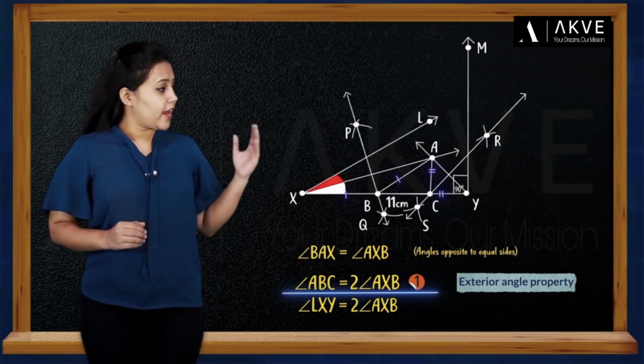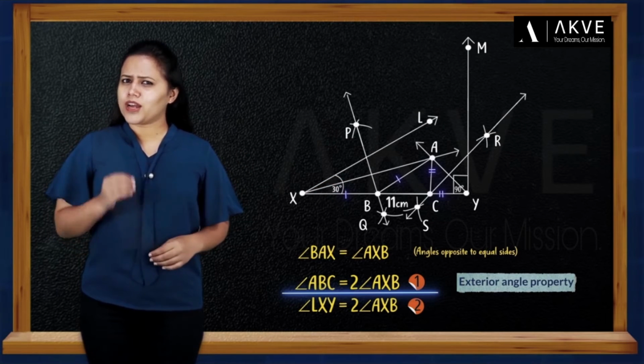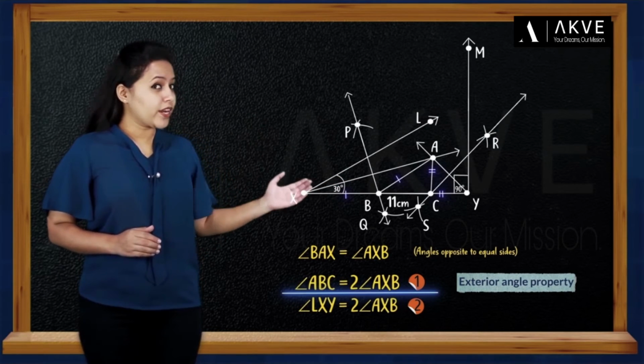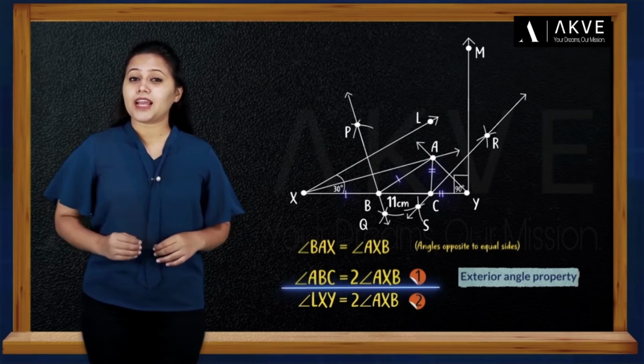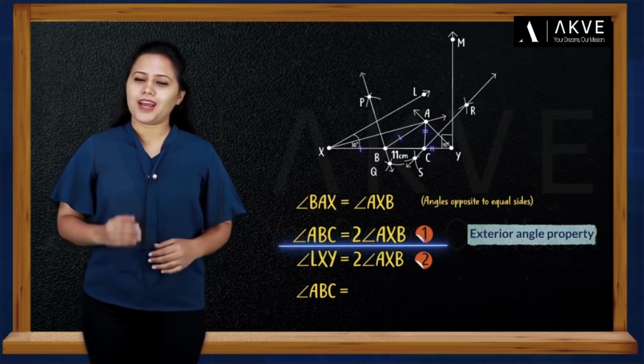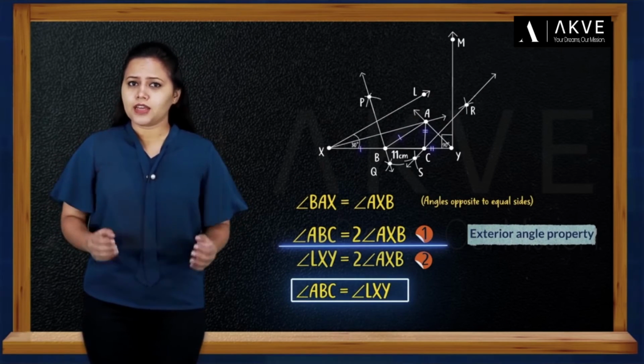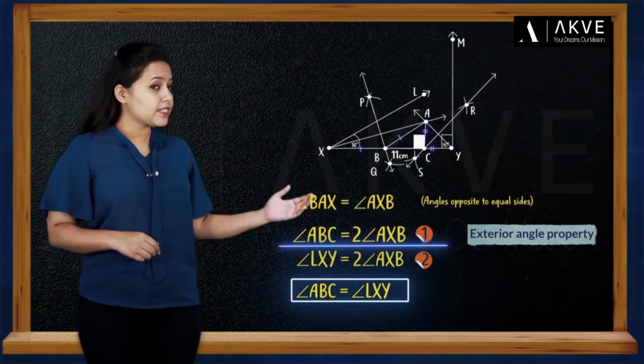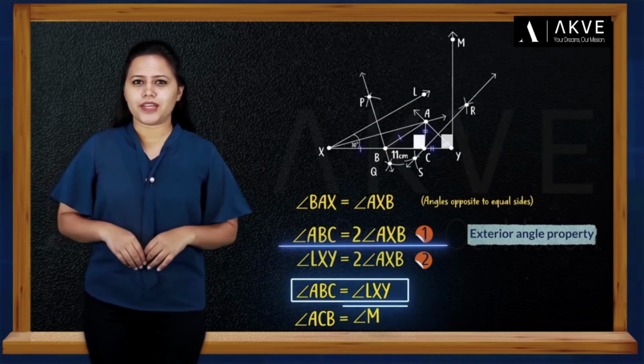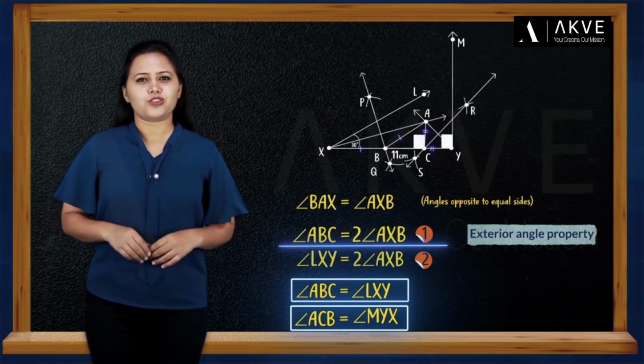Name this equation 2. Now on comparing both the equations 1 and 2, we get angle ABC is equal to angle LXY. Similarly, we can prove that angle ACB is equal to angle MYX. So the justification is done.